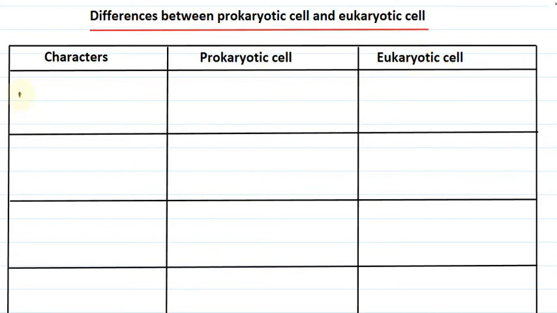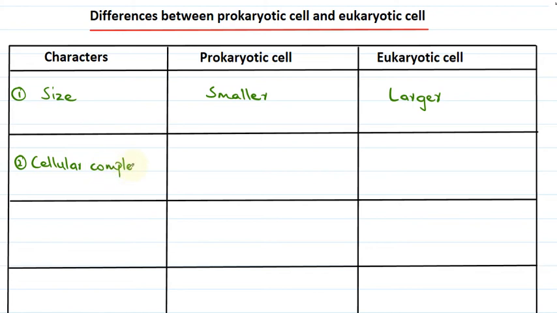So the first character based on which we are going to differentiate these two cells, that is prokaryotic cell and eukaryotic cell, would be based on their size. So the size is smaller in case of prokaryotic cell, whereas it is larger in case of eukaryotic cell. Then let's see the cellular complexity.